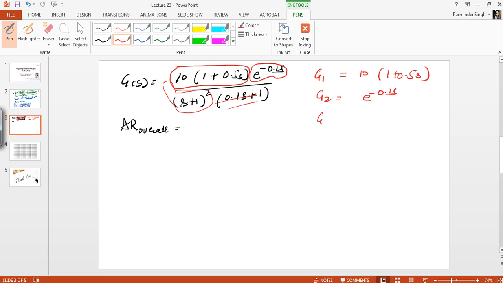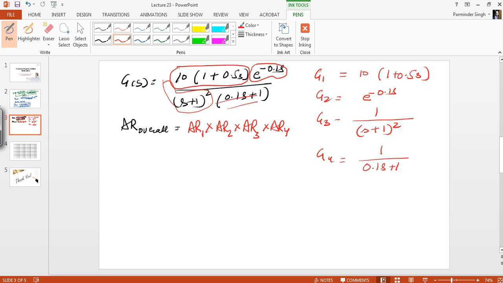G3 can be taken as 1 upon (s + 1) whole square, and G4 can be taken as 1 upon (0.1 s + 1). Then the overall amplitude ratio will be nothing but AR1 into AR2 into AR3 into AR4. Now let's find out the amplitude ratios of the individuals.